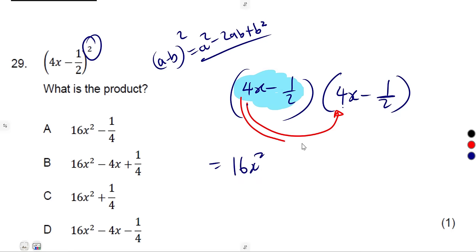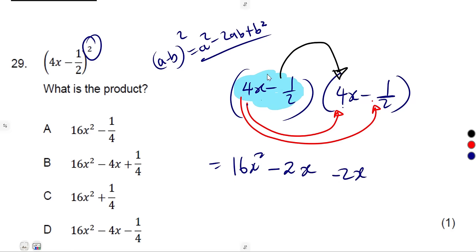The 4x times the minus half. So you multiply 4 times minus half. That's minus 2, but there is x there. We are done with the 4x. It multiplied everything in the second bracket. We move on to the minus 2x. It does the same. Multiply to this, the minus 1 over 2 and the minus 1 over 2.